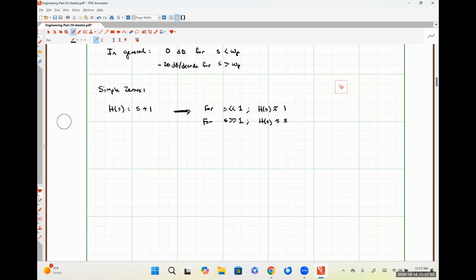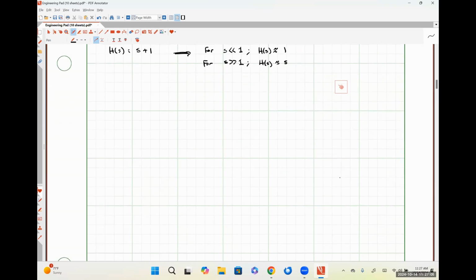Okay. So putting these two things together, we would have h of s measured in decibels. So 10 to the 0 in the middle, 10 to the minus 1, 10 to the minus 2, 10 to the plus 1, 10 to the plus 2.